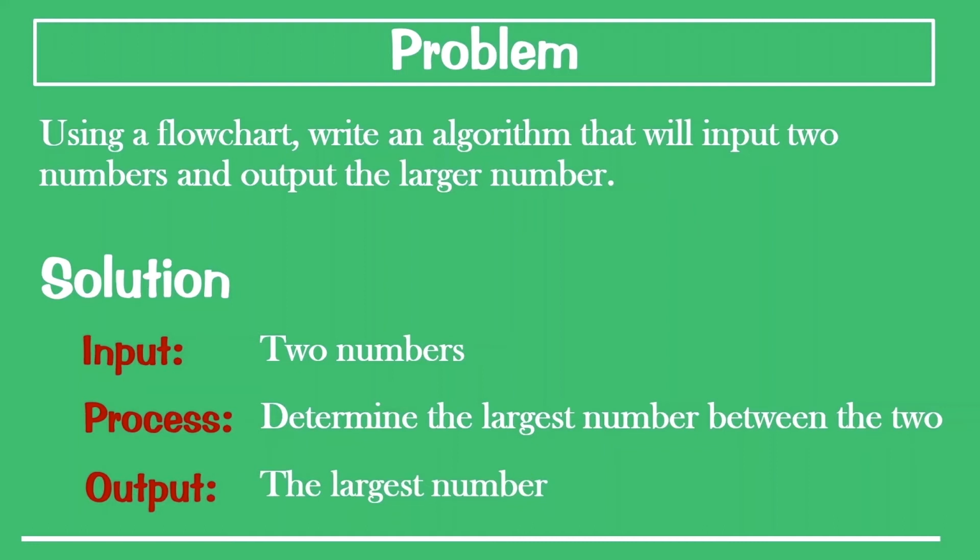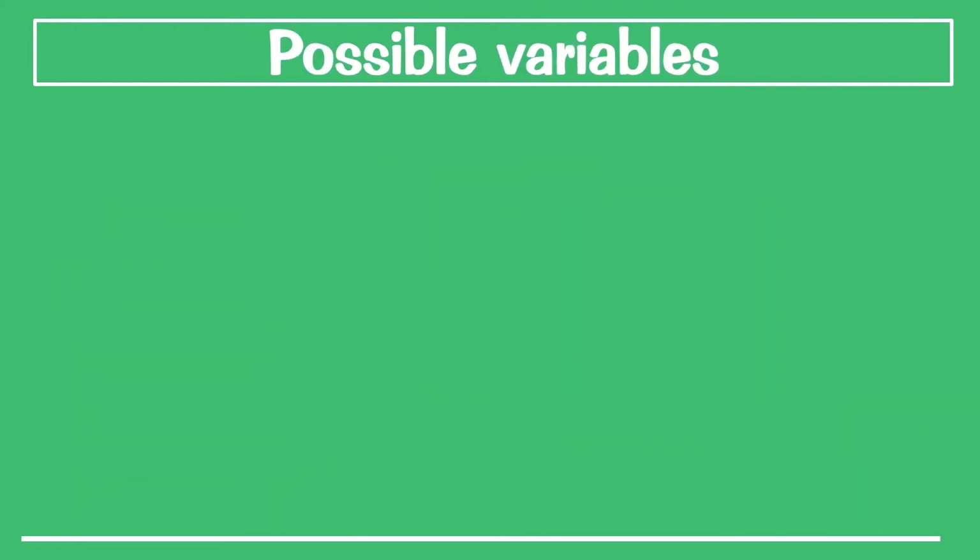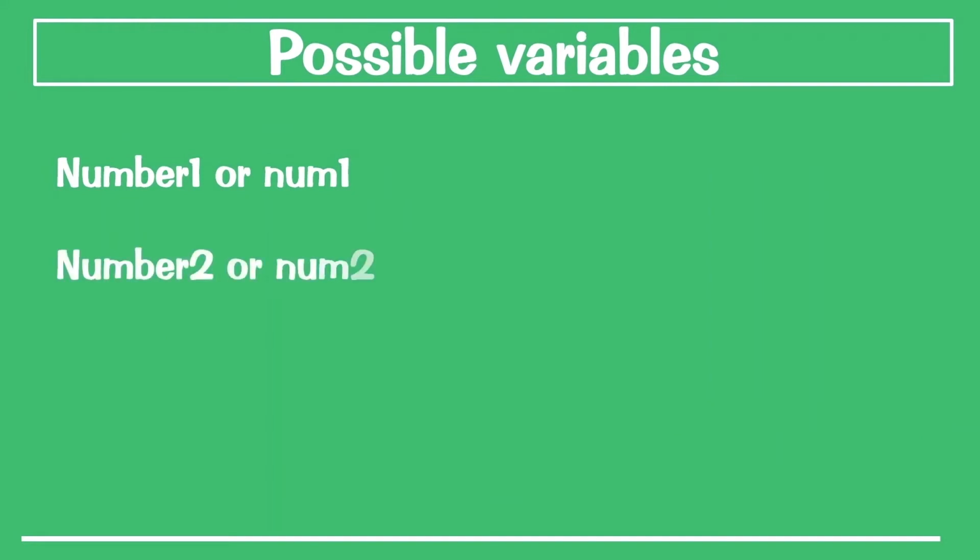It is important to note that we are not given the exact values of those 2 numbers. Hence, we are going to use variables. Suggested variables are number 1 or n1, and number 2 or n2. Now, let's look at the solution.